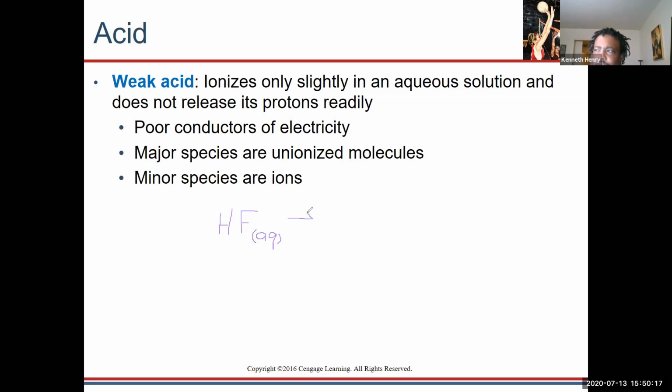Remember we talked about fluorine being a bully? So you're going to have very little separation. It's not going to separate from hydrogen unless fluorine wants to. The only way that it'll do that is if fluorine finds somebody better than hydrogen.